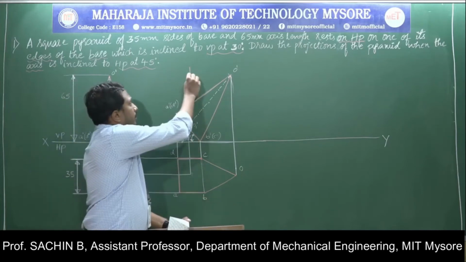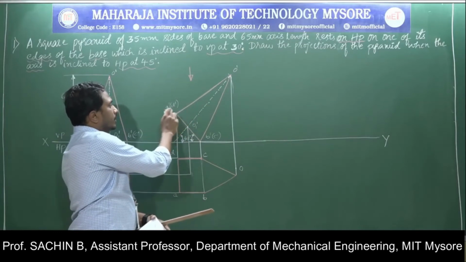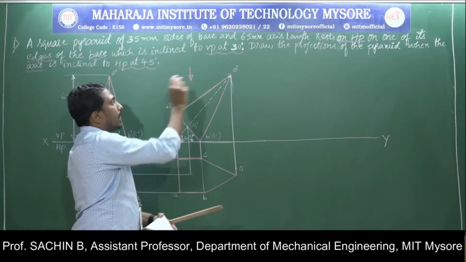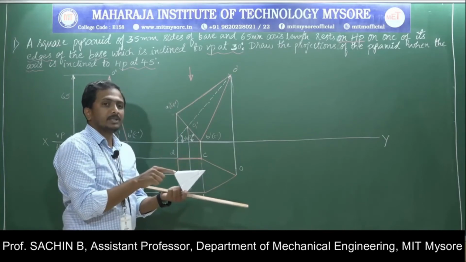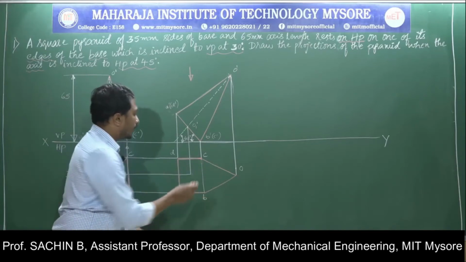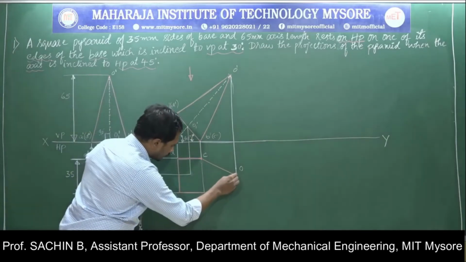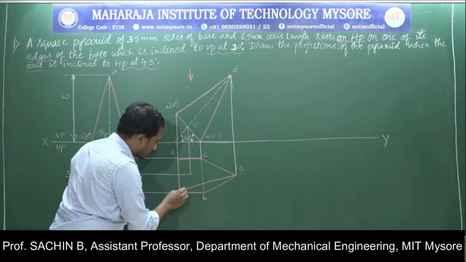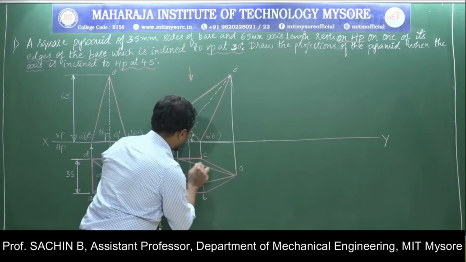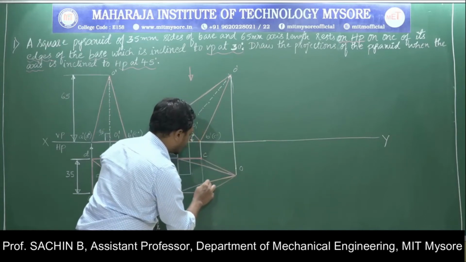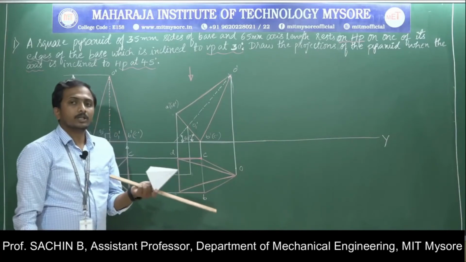Here in the diagram from the top, the edges and faces that are clearly visible are A dash, D dash and O dash, means one of the triangular faces connected to the base edge is clearly visible. In the top view, A dash to O dash and D dash to O dash are clearly visible. These are the faces and edges near to the observer.